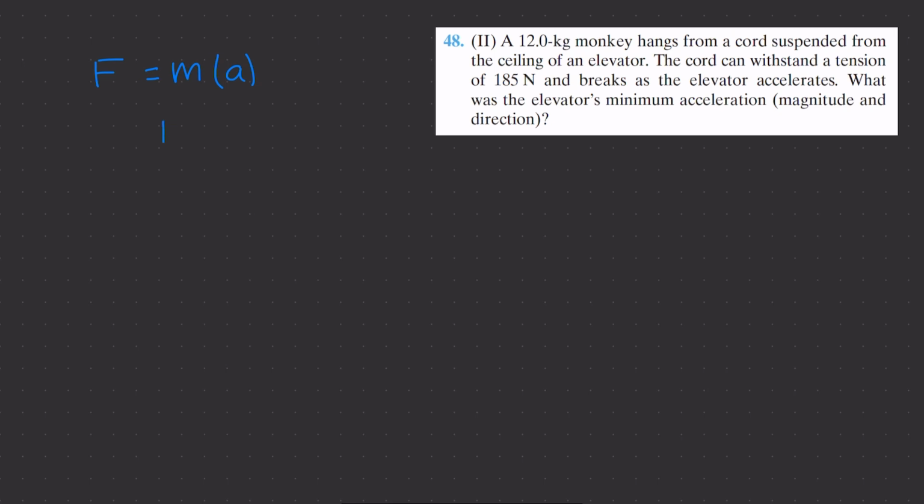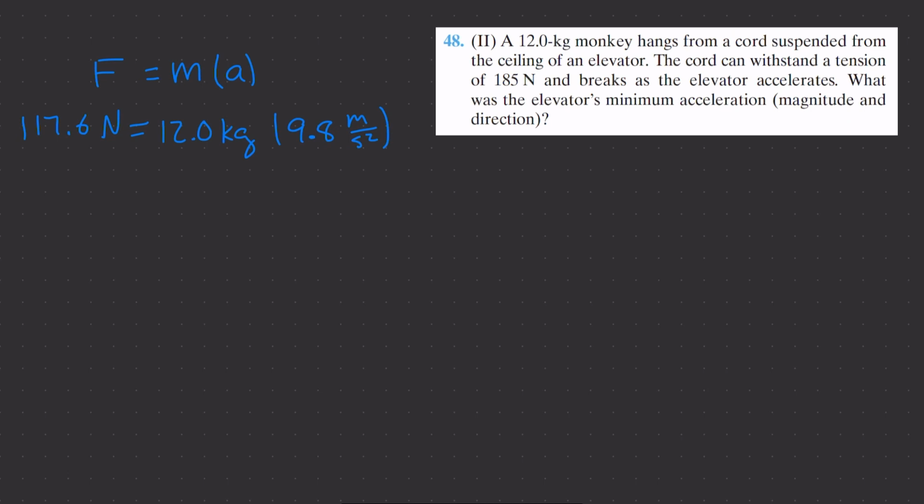So if I plug in 12 kilograms for mass, and then I plug in 9.8 meters per second squared for acceleration, which would just be the force due to gravity, let me see, it gives us exactly 117.6 newtons.